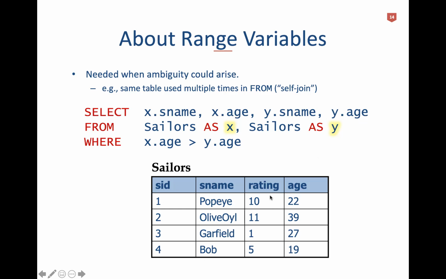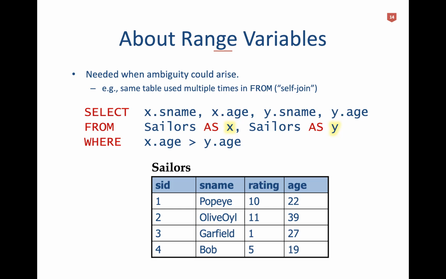So the SID and the rating will be removed, and the resulting table is going to have sname and age, but one for table X and another for table Y. However, we don't have these tables; they are created locally for this query, and this is going to be your output.